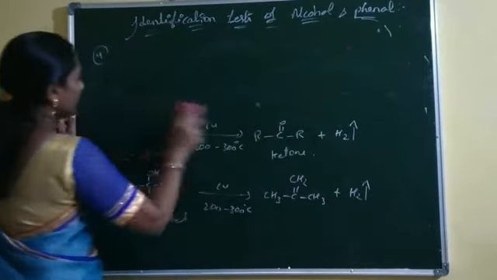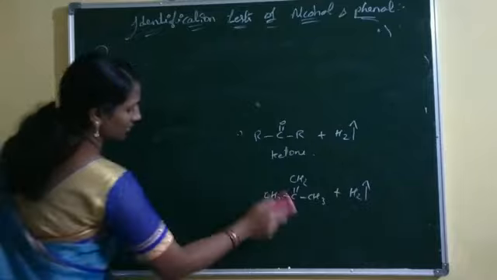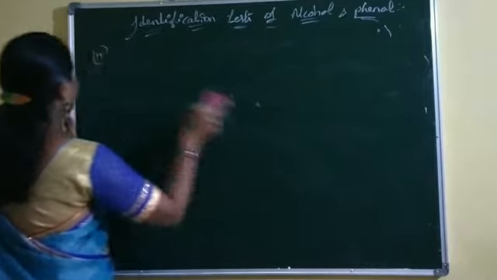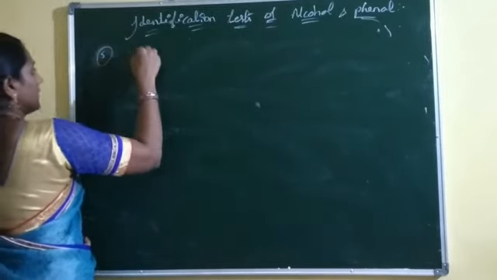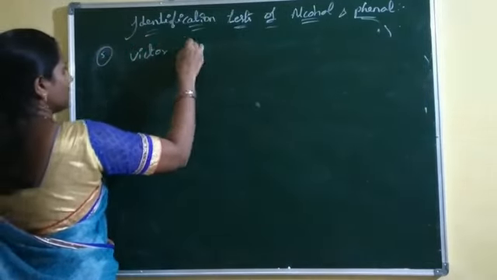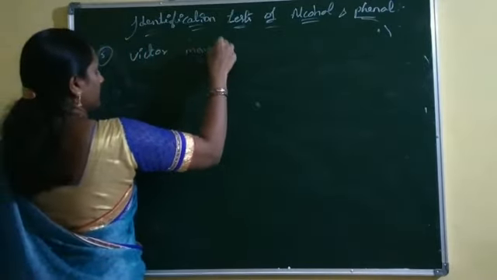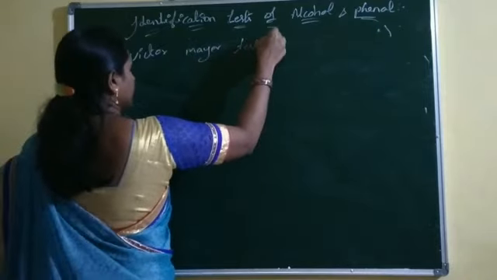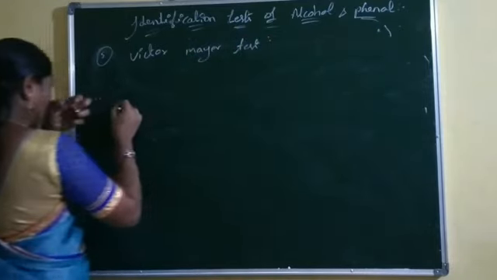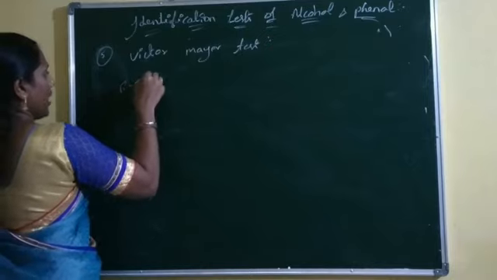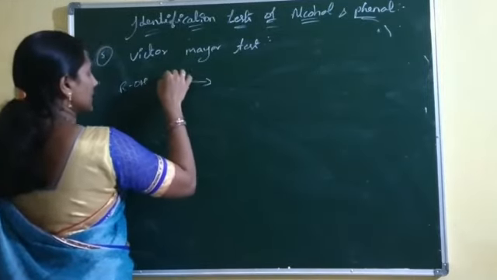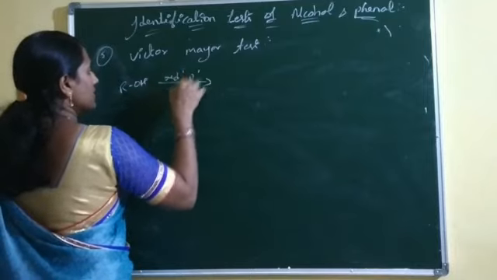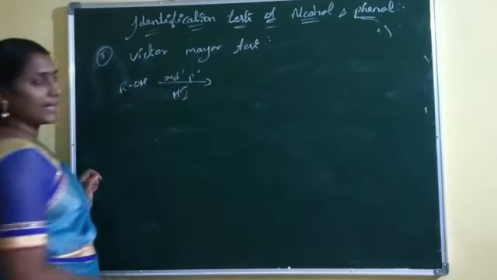The fifth identification test of alcohol is the Victor Meyer test. In the Victor Meyer test, you take an alcoholic compound and treat it with red phosphorus in the presence of hydrogen iodide.